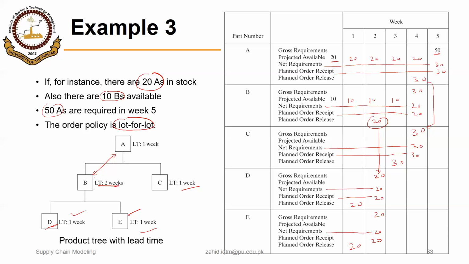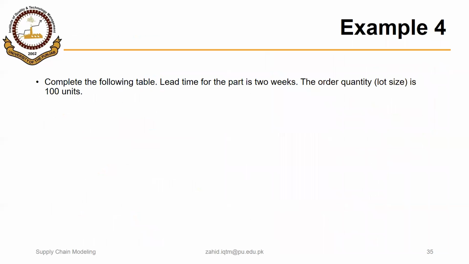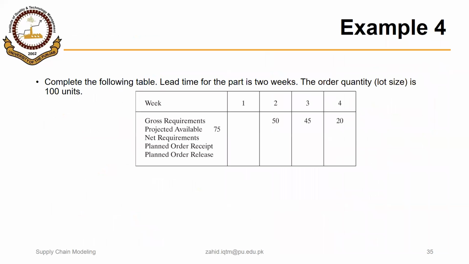Again, we are still not considering the concept of exploding, but in one of the following examples, we will see it. So without considering the safety lead time, this is how we can offset the lead time. Let's solve yet another example, a relatively short example.